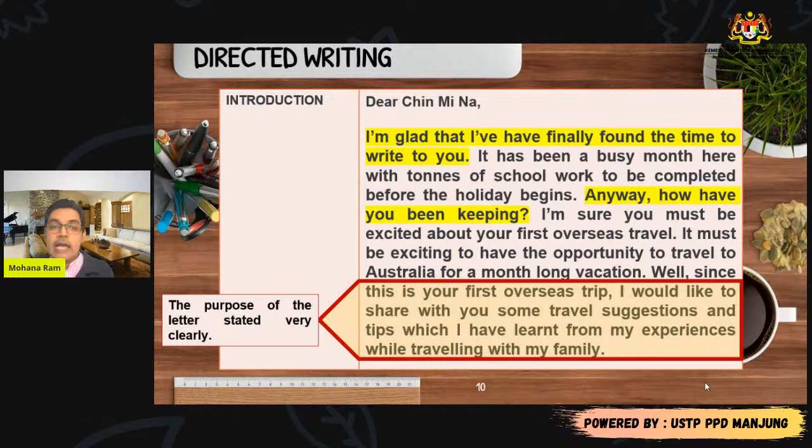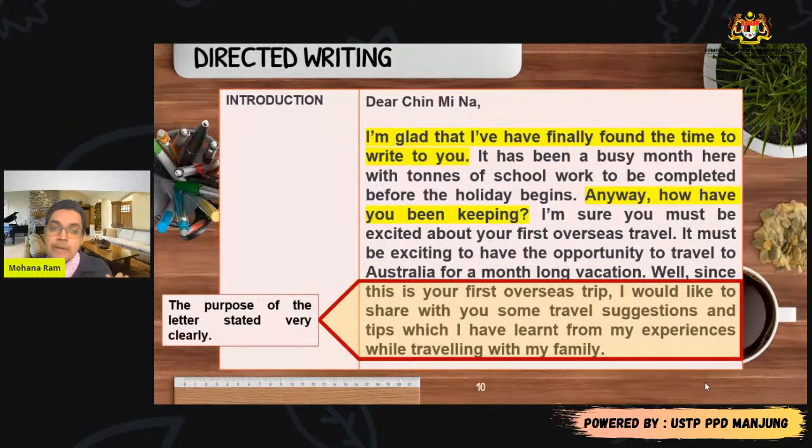Now, if you look at the end of my paragraph 1, I've clearly stated the purpose of the letter: why am I writing to you this letter? Keep in mind, in directed writing, or if you're writing a reflective essay or an argumentative essay, your first paragraph is very crucial for you to state the purpose of your writing.